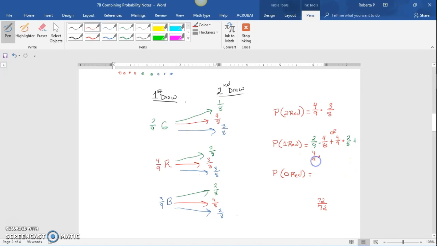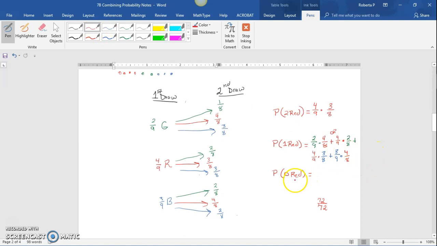So we have that one red, this has one red, this has one red, and then the blue and red is the last one, so 3 out of 9 times 4 out of 8.